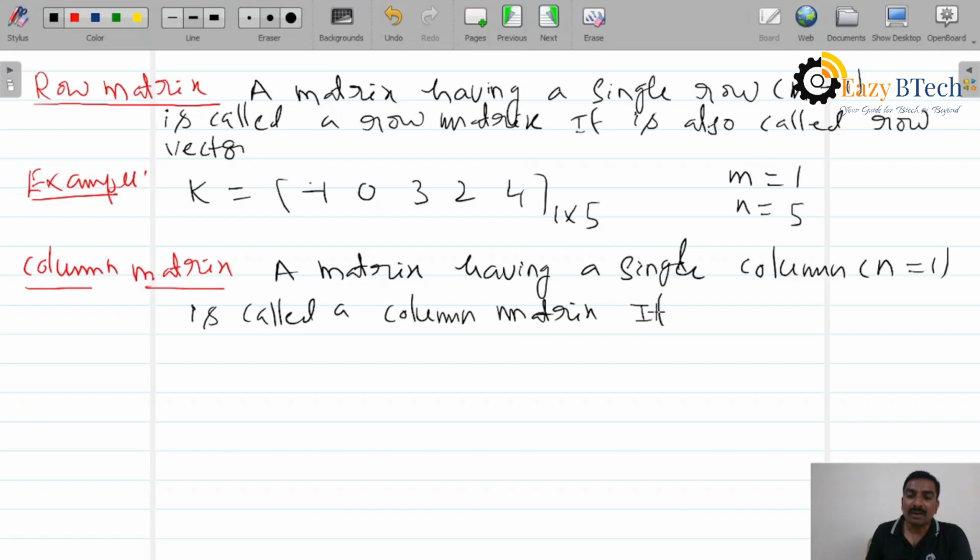It is also called a column vector. See an example.